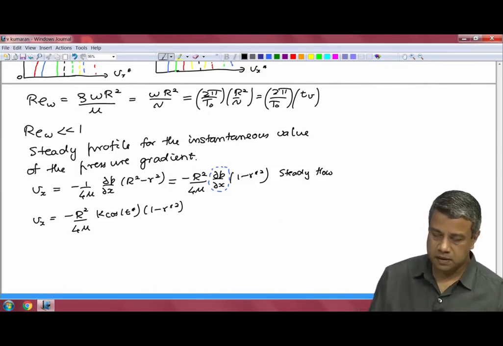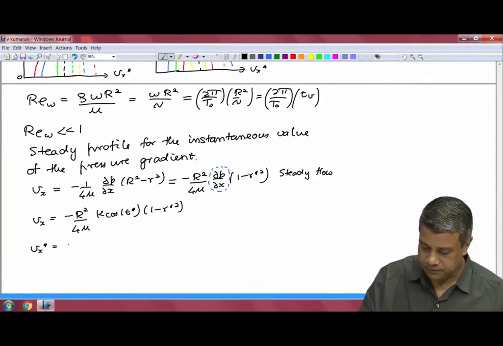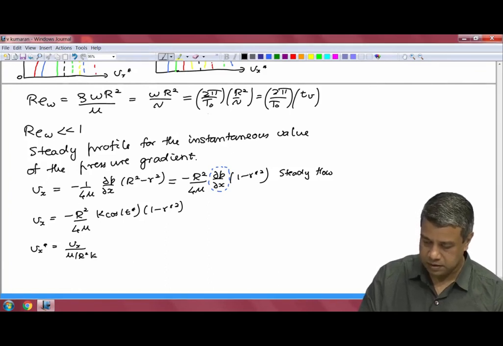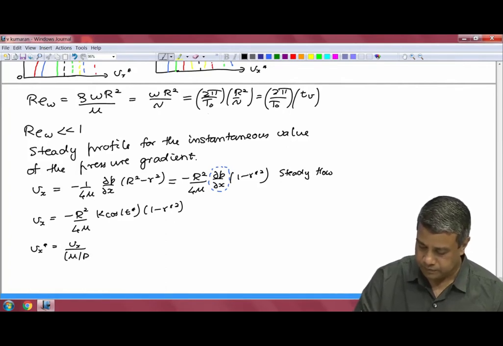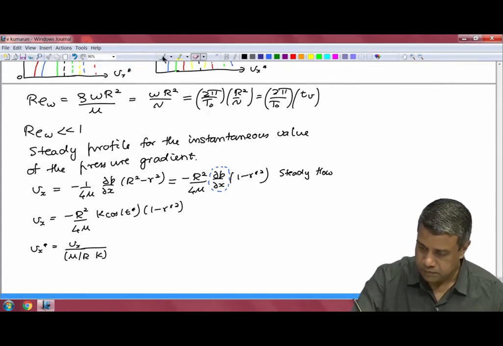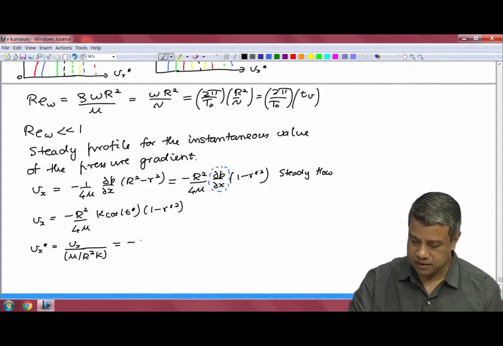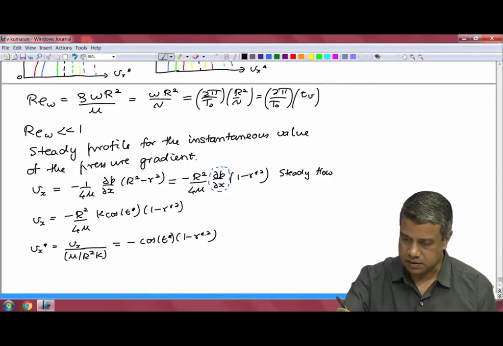And you recall that in this problem we have defined the scaled velocity Vx star as Vx divided by mu by R square k. So, this just becomes equal to minus 1/4 cos of t star into 1 minus r star square.